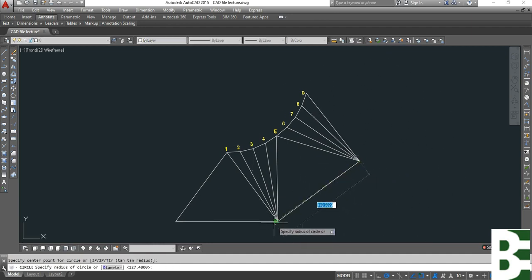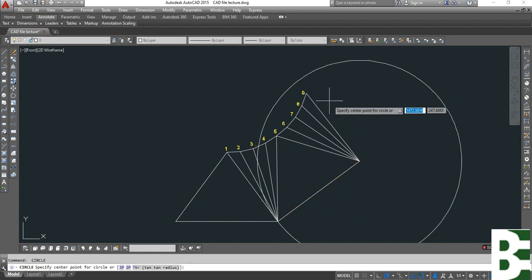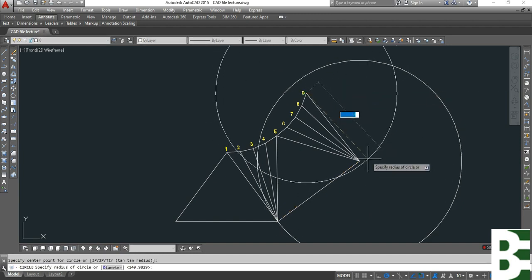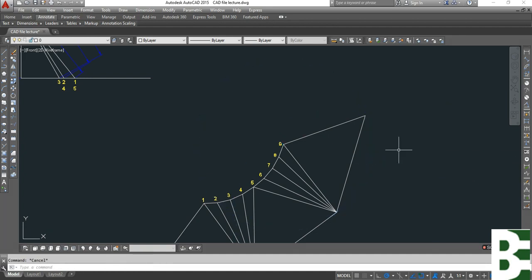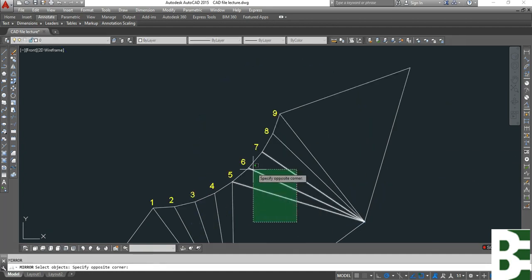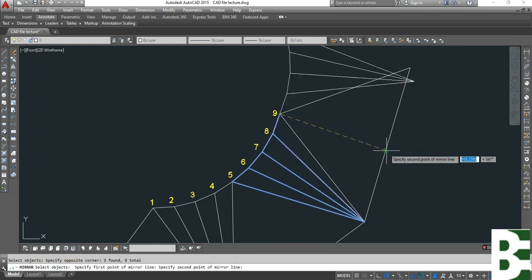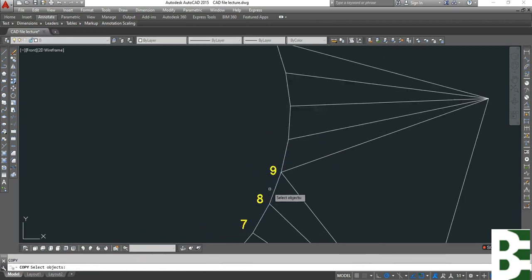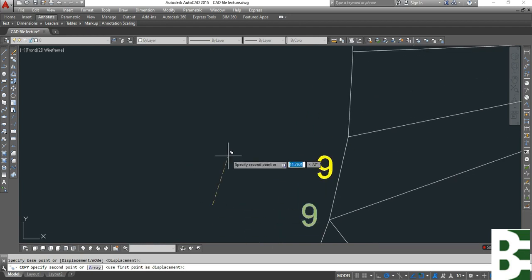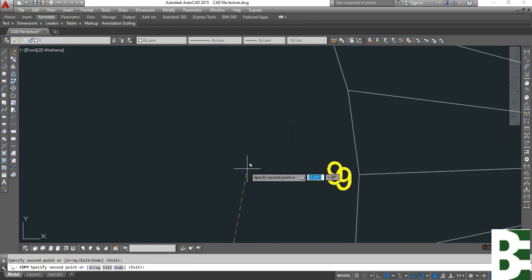Now again, as I know the base is 150, leave this 150, and on the other side number 9 is similar. That's why again I'll mirror all of these lines to the other side. Now the 3 corners are ready.